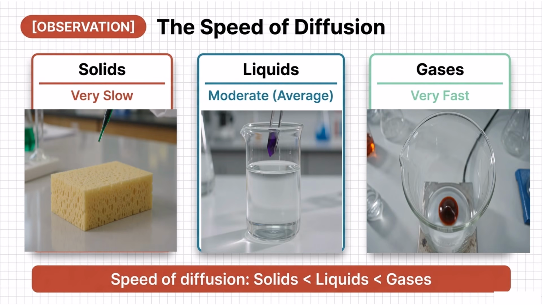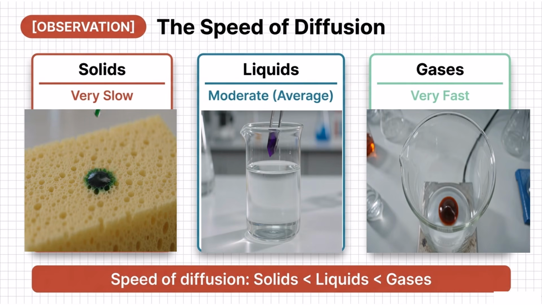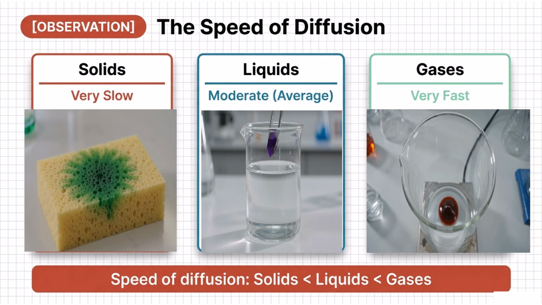Is the color of the sponge completely changed? No. So the drop of ink diffuses in a small area of the sponge. Here we talk about the speed of diffusion. The speed of diffusion in solids is very slow.